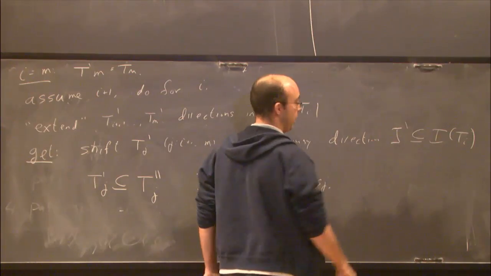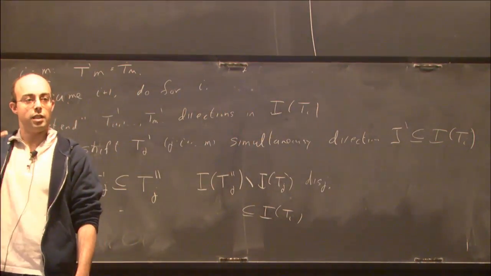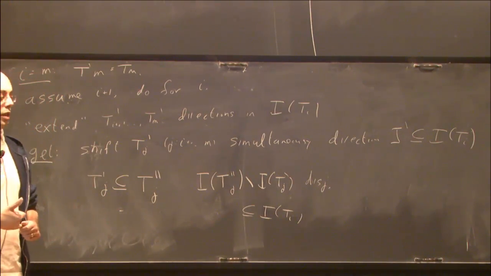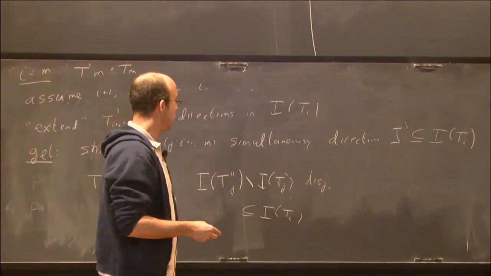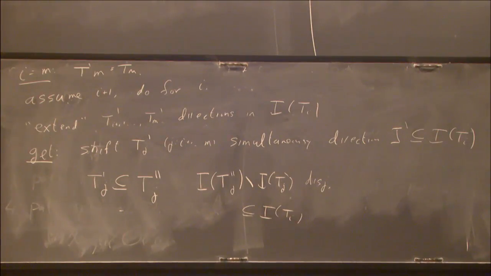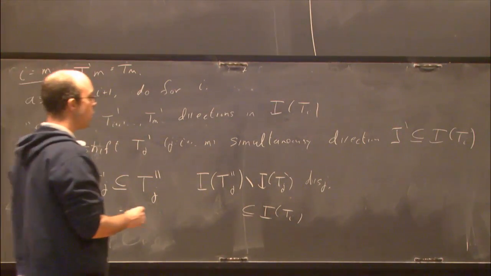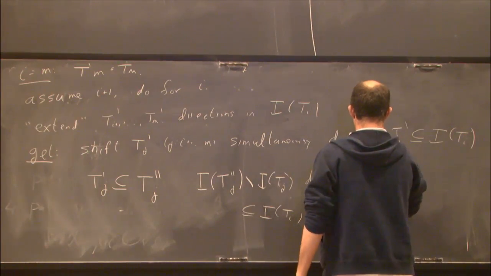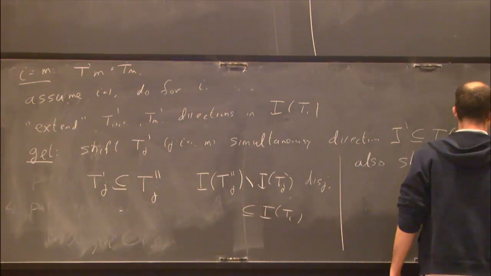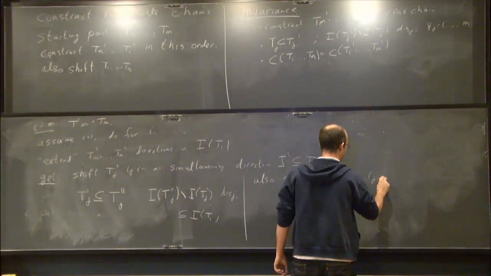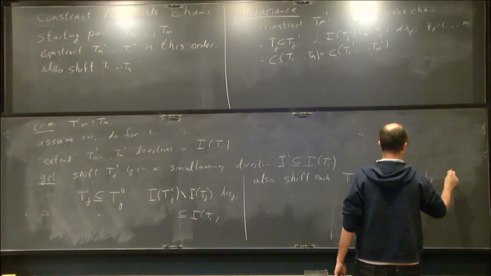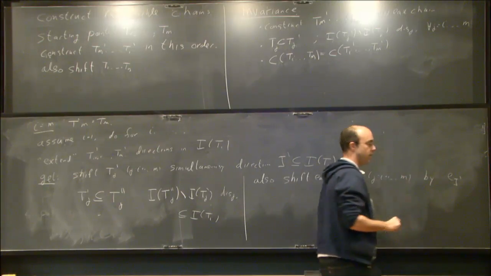They're all subsets of I(T_i). They're all directions of this tree T_i that we're trying to add. So we did this greedy process, and we got maybe larger trees contained in some simultaneous shift of these previous trees. We want to maintain the property that T_j is a subset of T'_j for all j here, so we're also going to shift each T_j, again j from i+1 up to m, by the same direction e'_j.